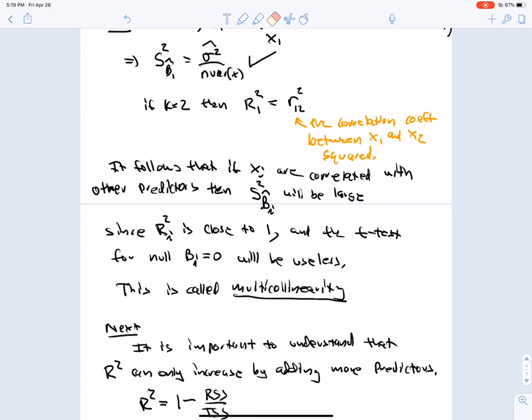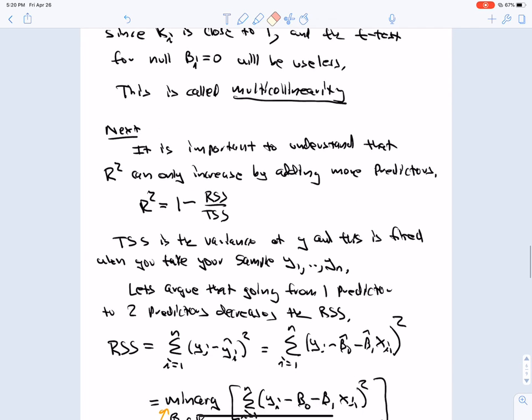And so you would then do individual t-tests as you did in ANOVA, but the t-tests are going to be inconclusive, right? Because the standard errors are going to be so large that you won't be able to reject any of the nulls. So your F test will say reject the null, but all the t-tests will say that you can't reject the null.